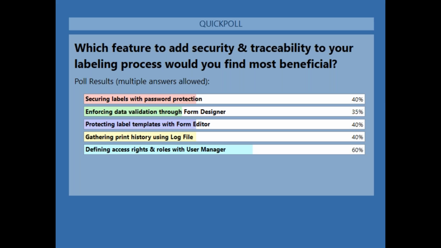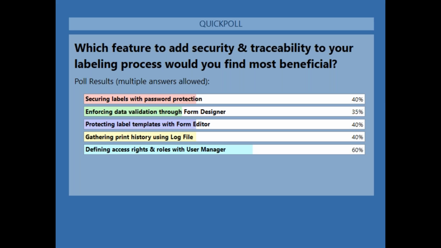It looks like, for the most part, it was User Manager. And that makes sense. That's pretty easy to set up. You're just adding users that already exist into those groups. And then with the tie with a form editor and log file, simple password protection jumped ahead of form designer.